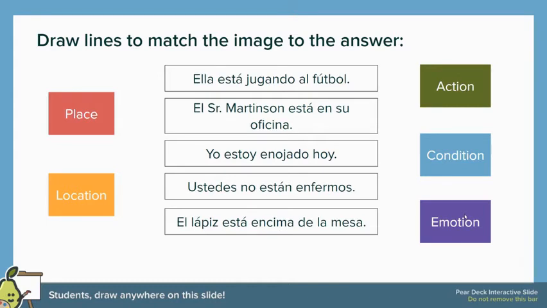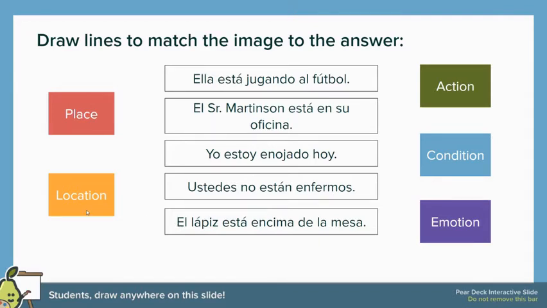But for those of you taking notes at home, just think these through for a little bit. So which one of these sentences is using place with estar? One is el lápiz está encima de la mesa. We're using the preposition, the pencil is on top of the table.